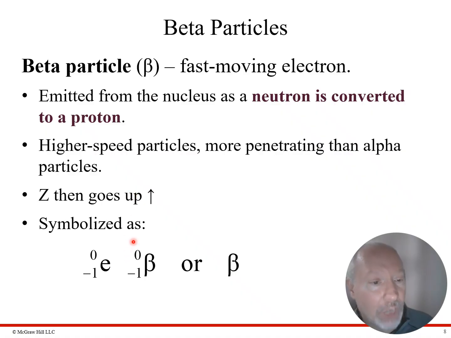The number of protons goes up by 1 and the number of neutrons goes down by 1. The mass stays the same. And so we can write a beta particle emission as 0/-1 e for electron, or 0/-1 beta, or just simply beta for beta particle.